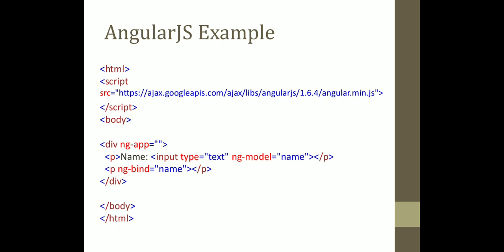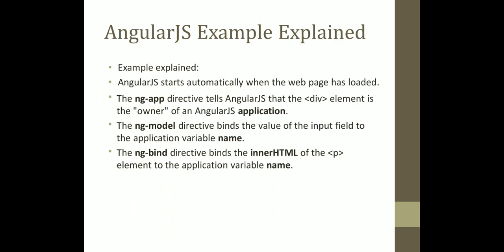Here in the second paragraph we have used the ng-bind part. So ng-model variable we have used with the name, and the ng-bind also works for that particular model variable. That means it will also work for the name variable.